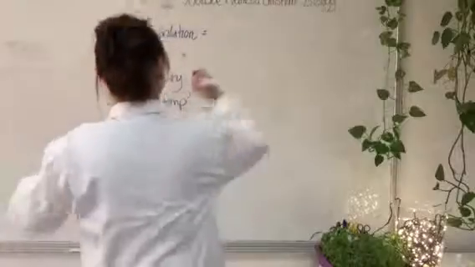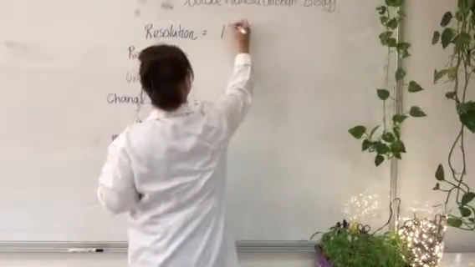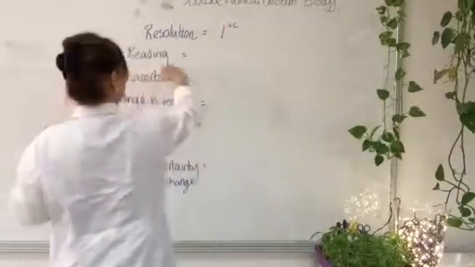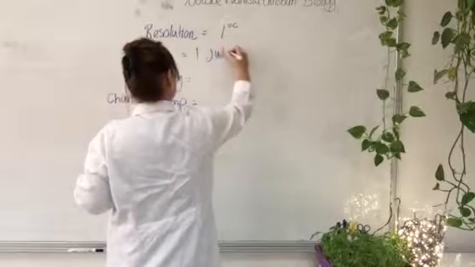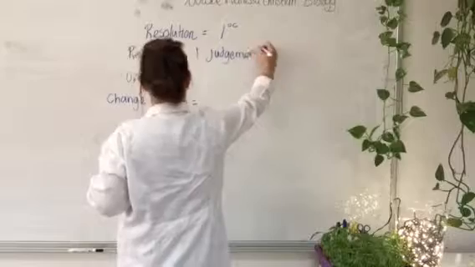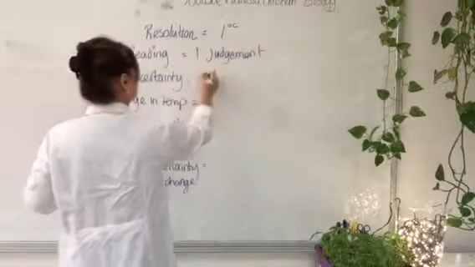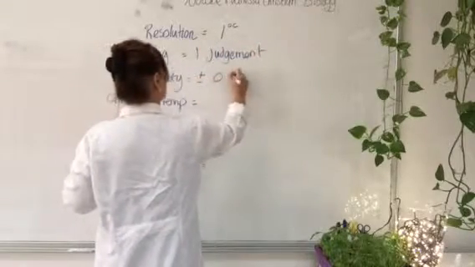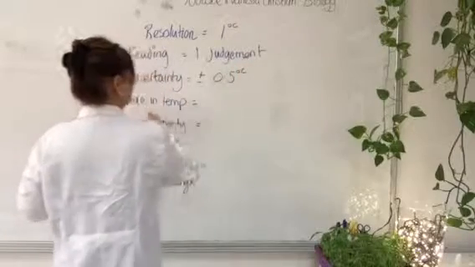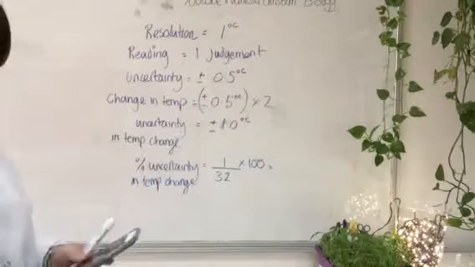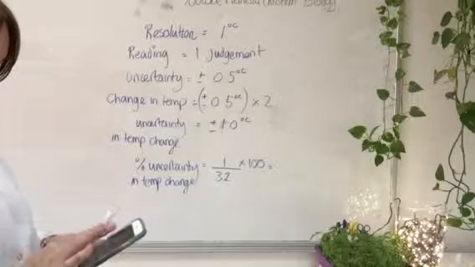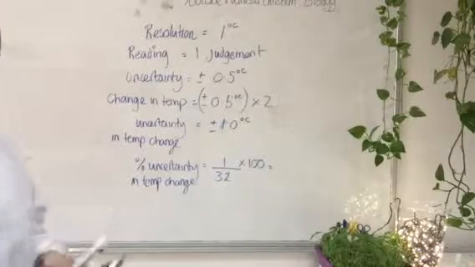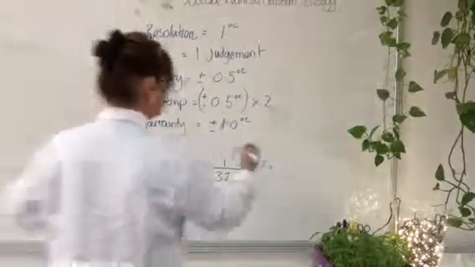The resolution is 10 times more, so it's 1 degree C. It's a reading. However, I do the reading twice because it's a temperature change, but because it's just one judgment, it's classed as a reading. So my uncertainty would be plus or minus 0.5 degrees, which gives me a percentage uncertainty, which of course is still plus or minus that percentage uncertainty.